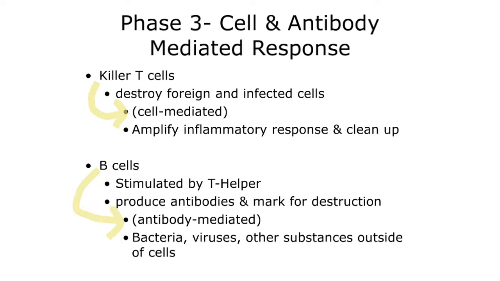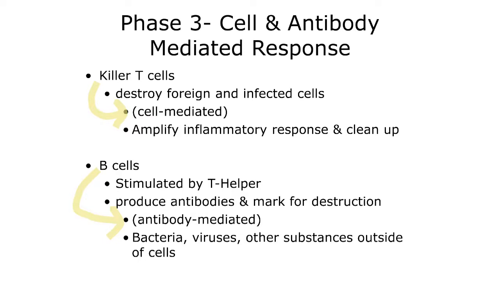So the killer cells, they destroy those infected cells, and they turn on the inflammatory response. That's when the area gets red, inflamed, and sore. And it stimulates the B cells.